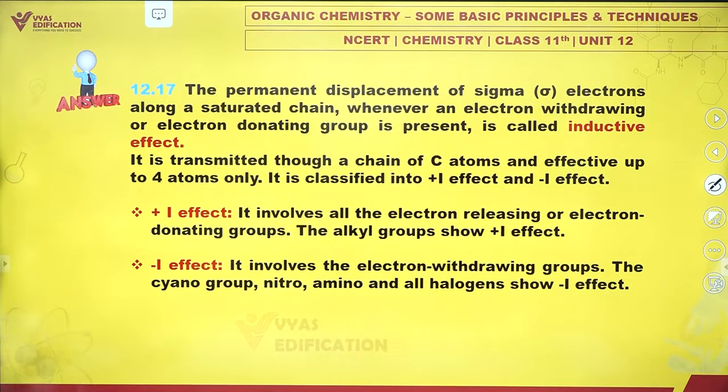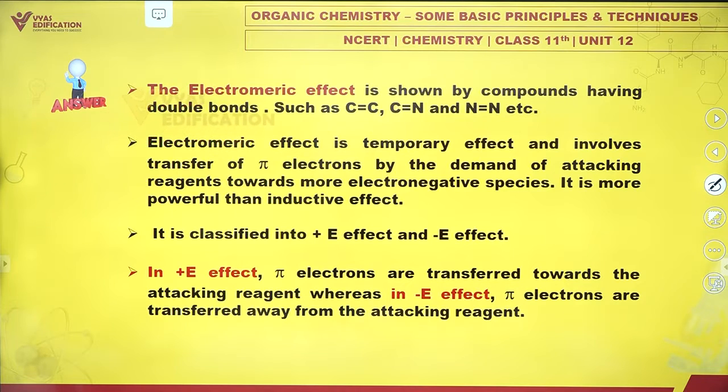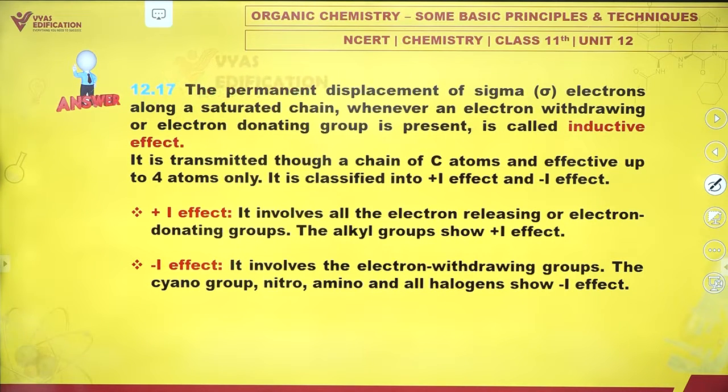If a species withdraws electrons, it is said to show -I. If it releases electrons, it is said to show the +I effect. And this is how one would represent the answer. You can take a screenshot in case you need, and you have this.